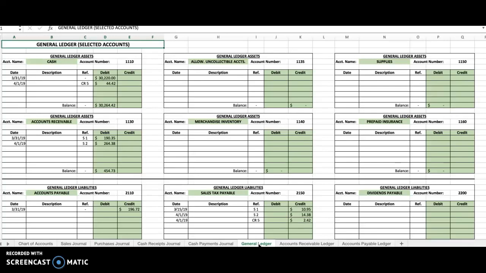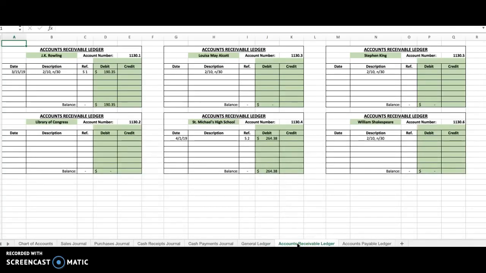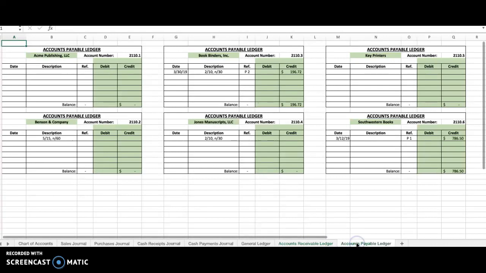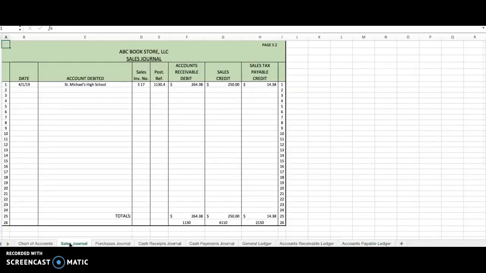So we'll look at how those accounts in the general ledger are affected. We have an accounts receivable, one of our two subsidiary ledgers, and then we have an accounts payable ledger. So we'll be using these in the next few problems that we have. Let's go back to the sales journal.